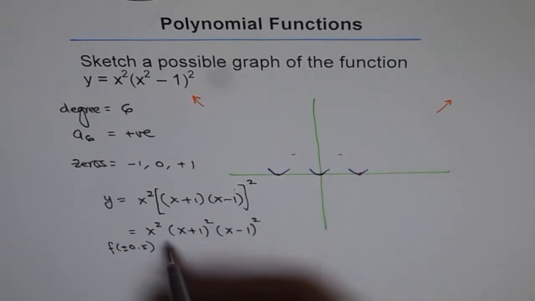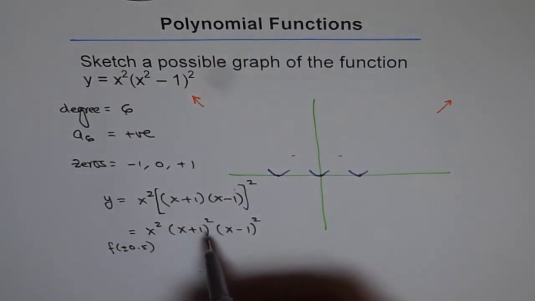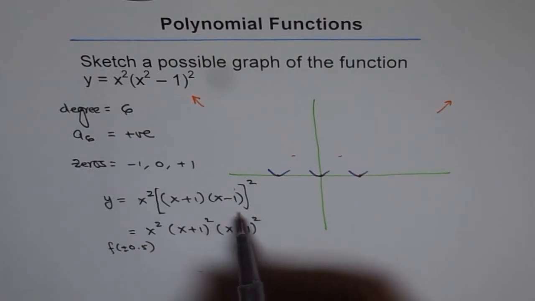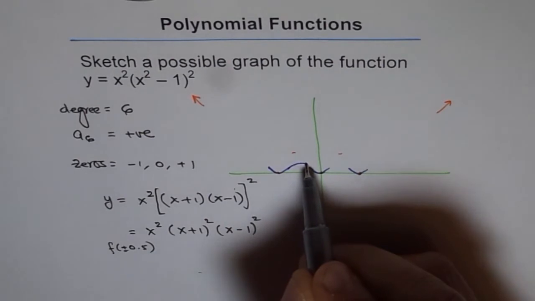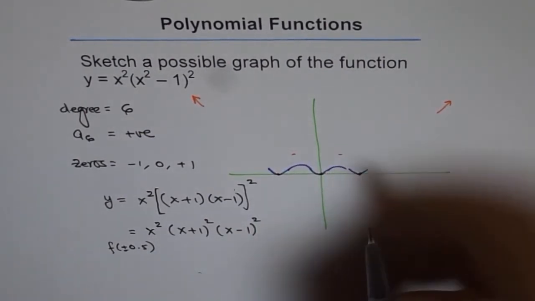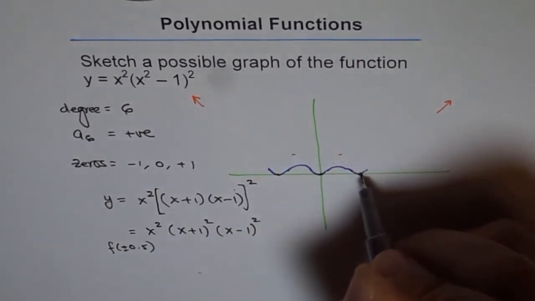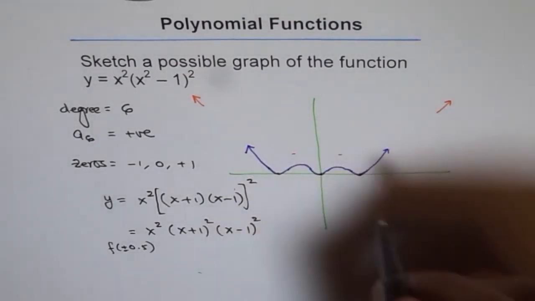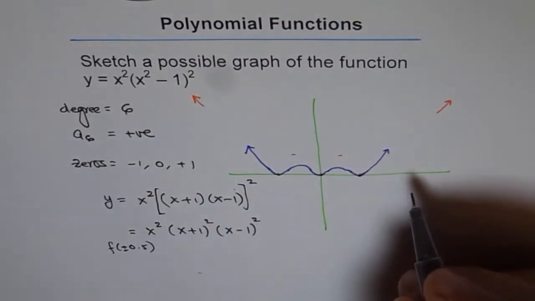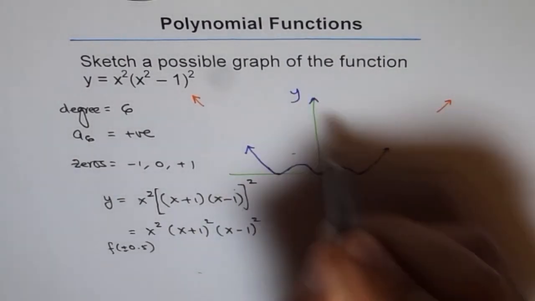The order of each zero is 2, or the multiplicity is 2, which shows that at every zero you're going to turn. So let me join these points with a smooth curve, and that's how I will draw my function. So that is my function y.